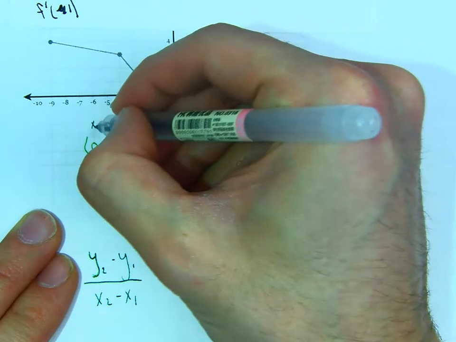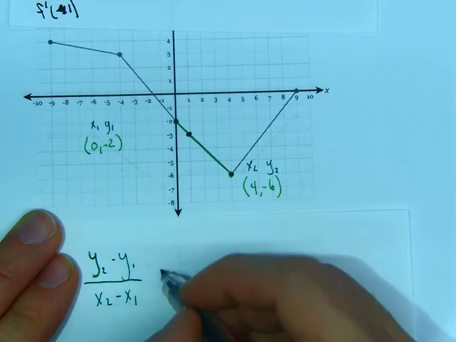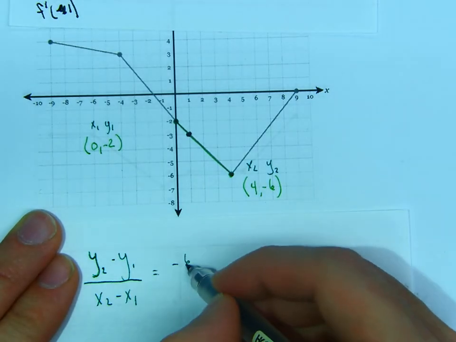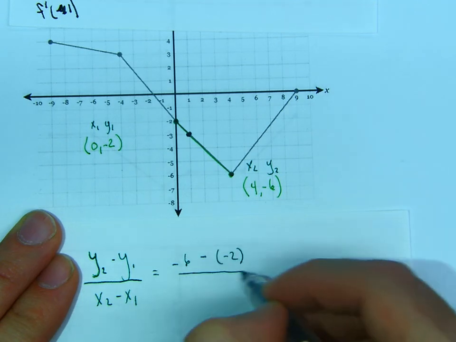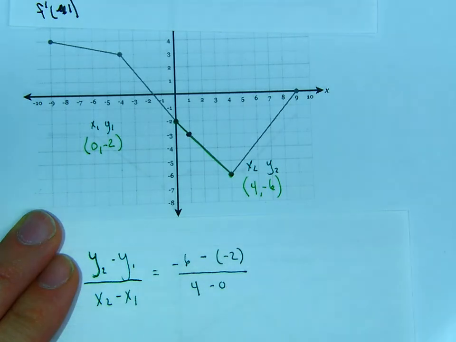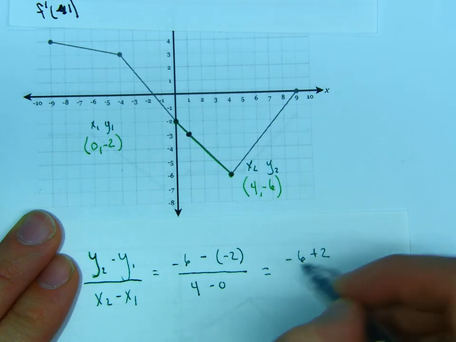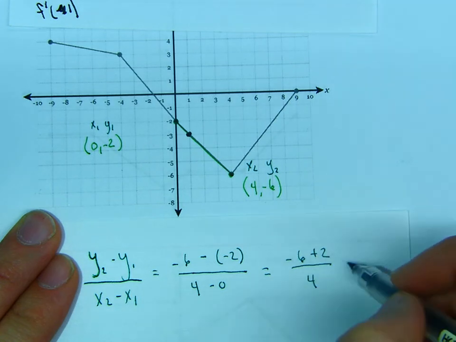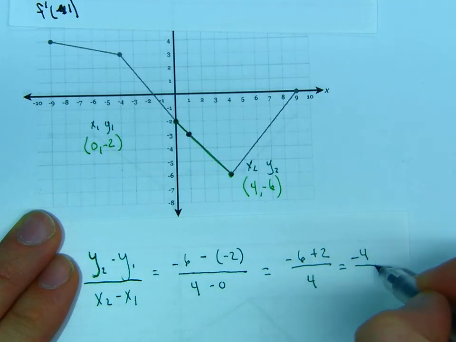This is my x sub 1, y sub 1, x sub 2, y sub 2. So then this should be negative 6 minus negative 2 over 4 minus 0. So that should just be negative 6 plus 2 over 4, which is negative 4 over 4. So that just equals negative 1.